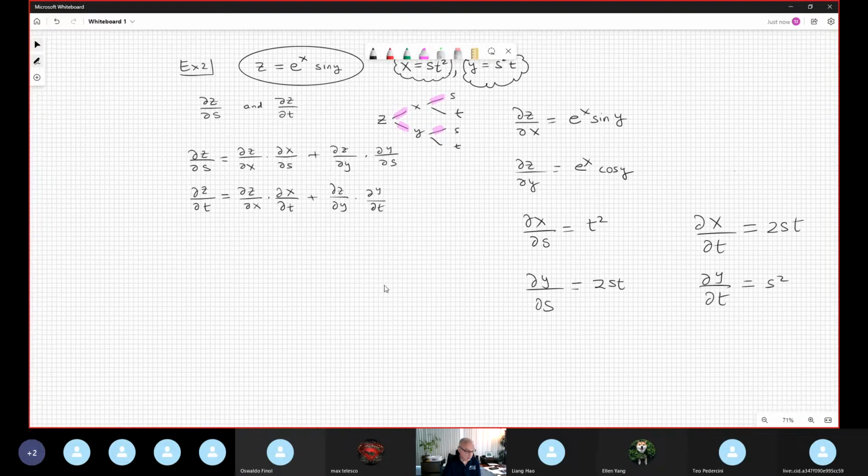So you replace in the expression, for example, partial z with respect to s is equal to, now you copy this. But normally the final answer is expressed not using the intermediate variables x and y, but using the last independent variables, which are s and t.